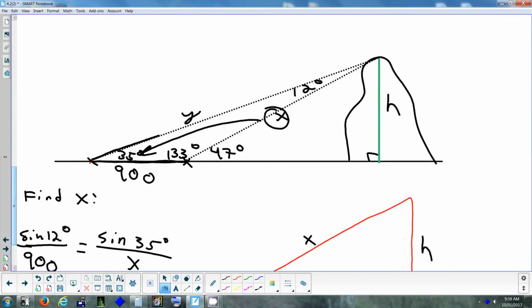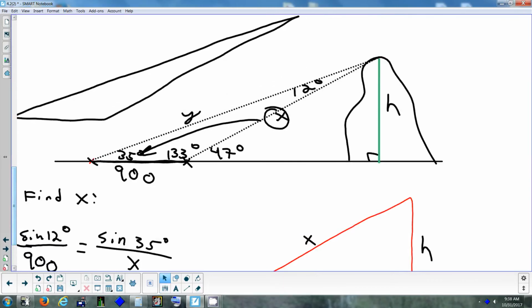So basically, all we were doing is looking at that triangle. And my goal temporarily was to find out how long that side was. So 35 was given. 133, Peter told us how to find that one. To find x, and this was 900, that was given as well.